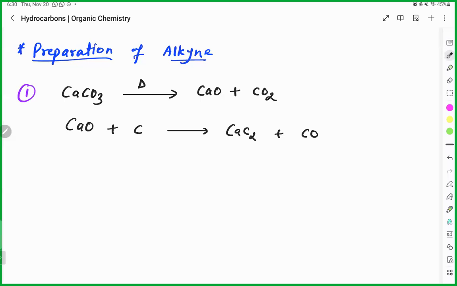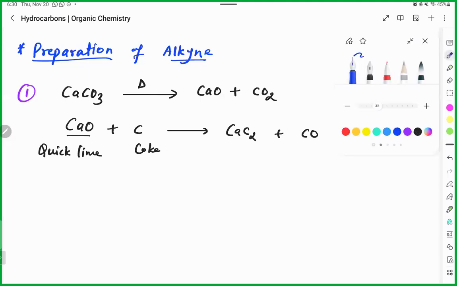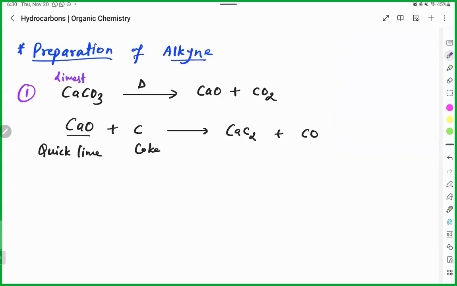Pratigya, what is the name of calcium oxide? Quicklime. This is coke and calcium carbonate is limestone. Okay.